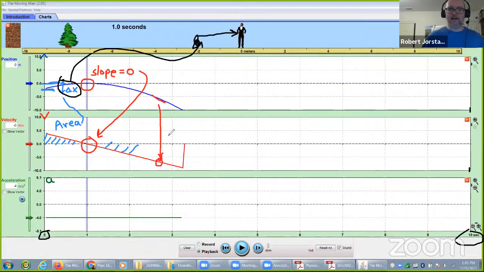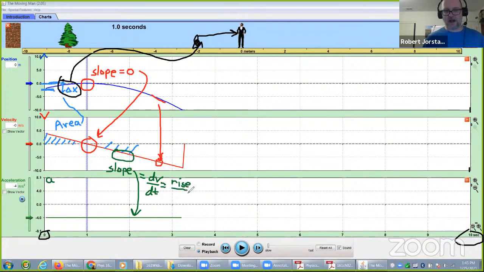Okay. And finally, one last piece of information here. This slope corresponds to that acceleration, right? That's the change in velocity over the change in time. Think about it. Rise over run. If you look at the units of rise over run, that will help you remember this stuff.